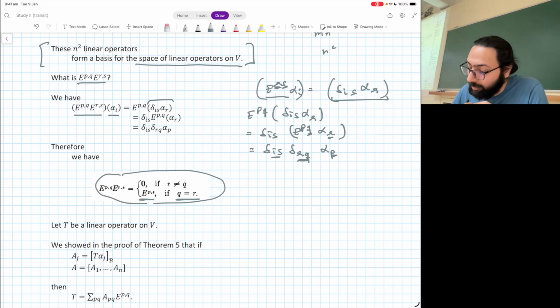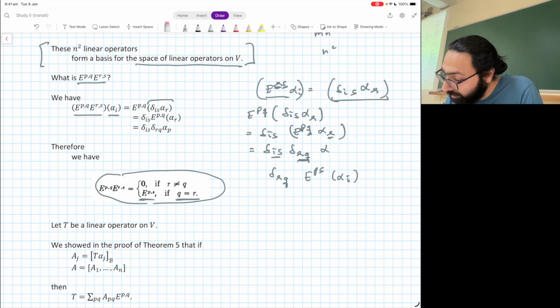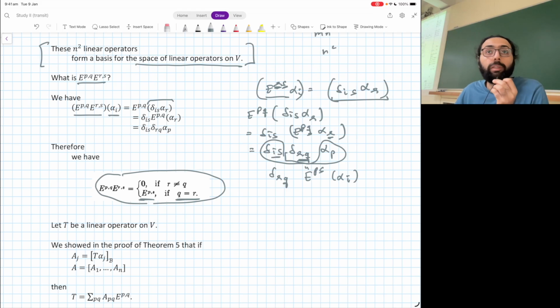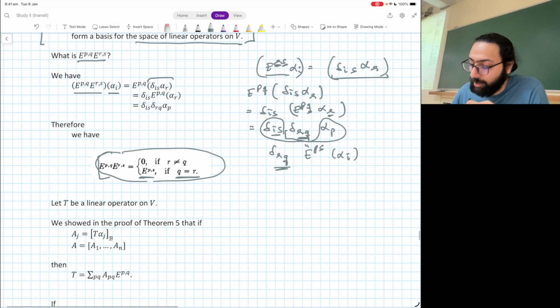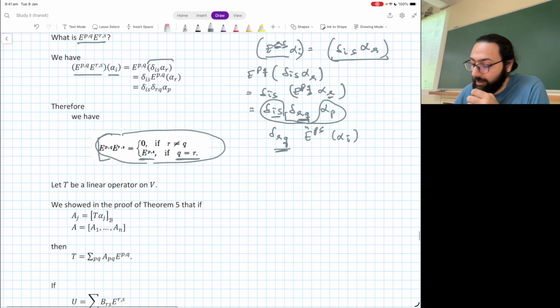What is being said is you have delta RQ, and the rest you can write as EPS acting on alpha I. So this part calculates like that, and delta RQ. Is it making sense? So this is exactly the multiplication. Just a bit of calculation, moving the indices around, but this is roughly what we should get.